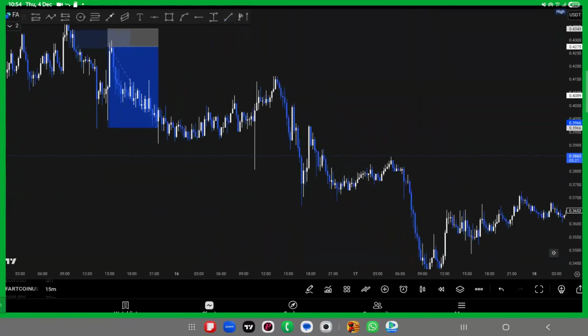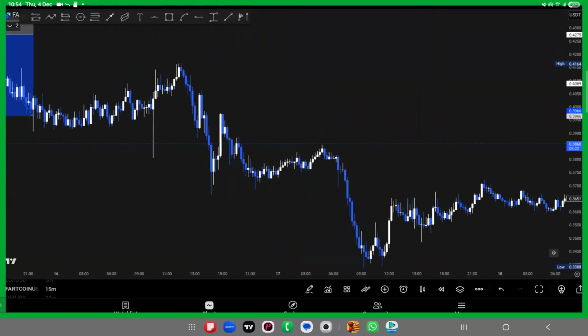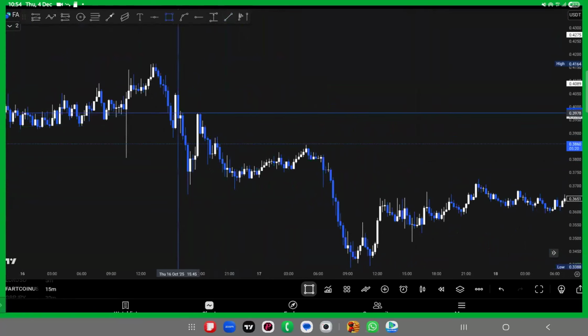So let's keep going as we keep looking for some of these. Over here as well, you can see this one. And the possible order block that price used, you can see it very clearly here.